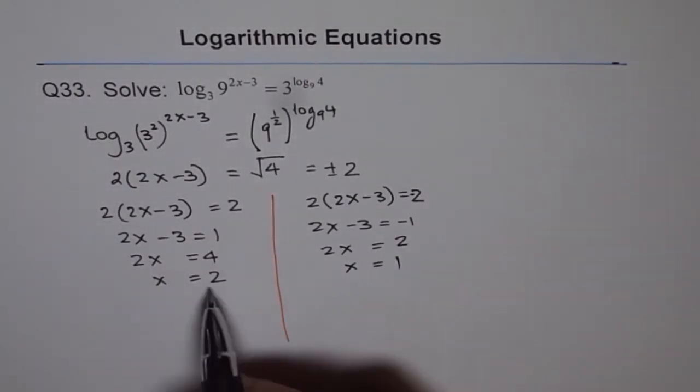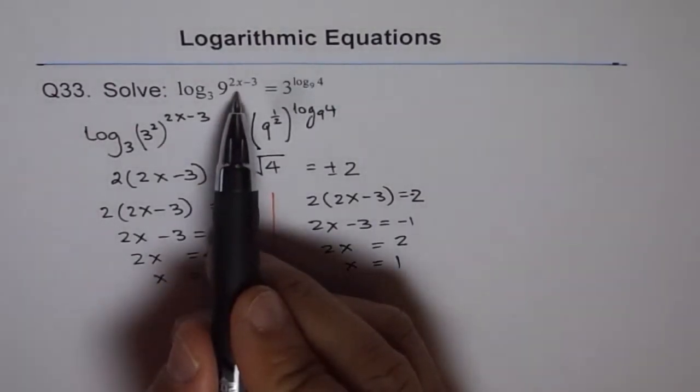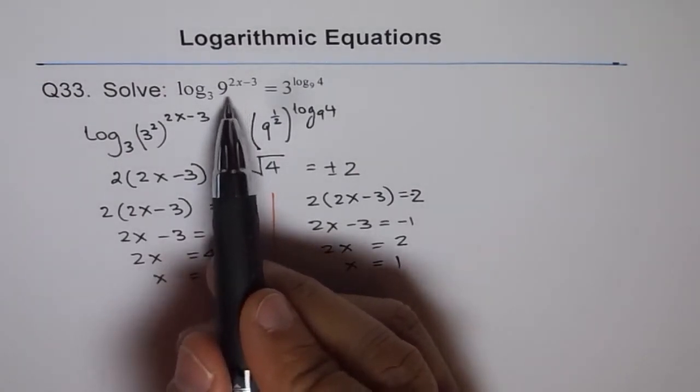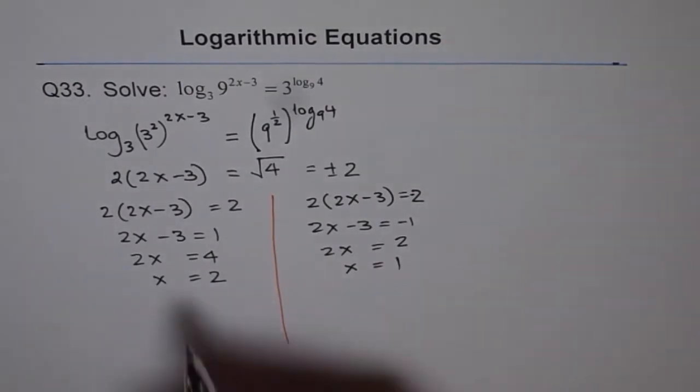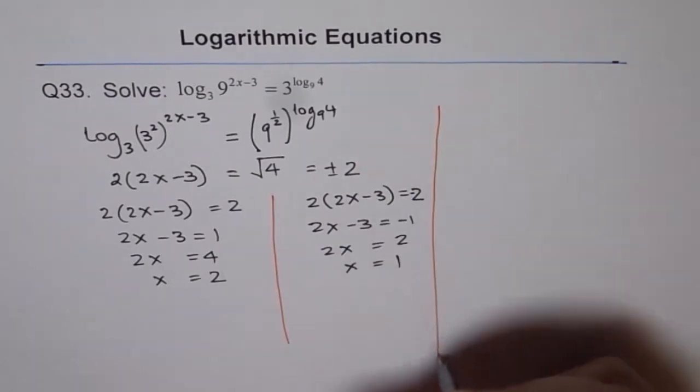Now we will check these two answers. If I plug in 1 here, then this becomes negative. It could work, right? So both seem to be the right answers for us. So we got two different answers, and let's check them.